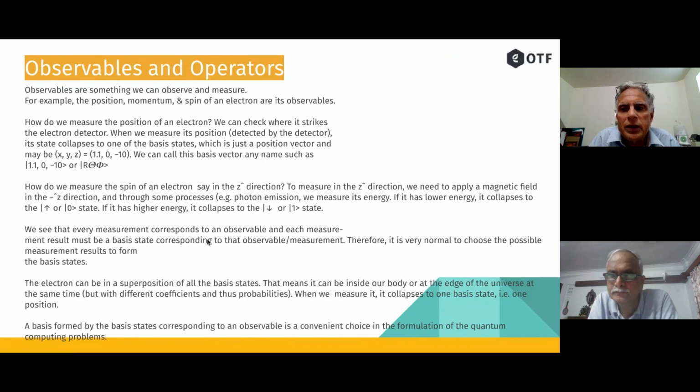And if it is going to a higher energy, it is like in water: if something is lighter it floats, and if it is higher in weight, it goes down. In the same way, ket 0 represents the lower energy, and spin down is the higher energy. So it collapses either to the lower energy, ket 0, or the higher energy, ket 1. Either way, that is the electron spin representation.